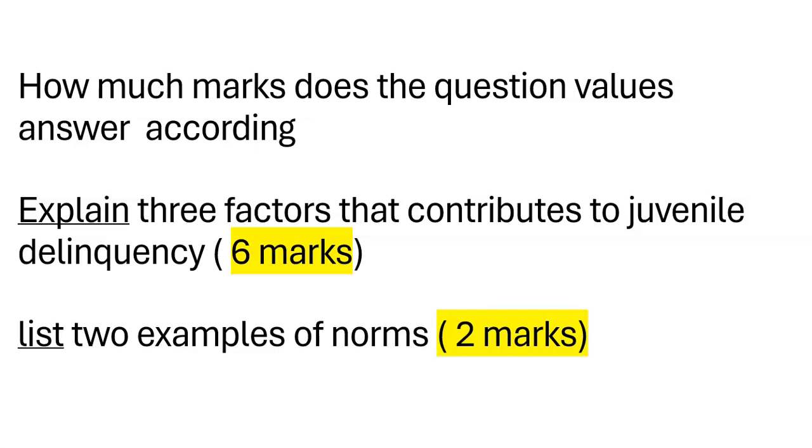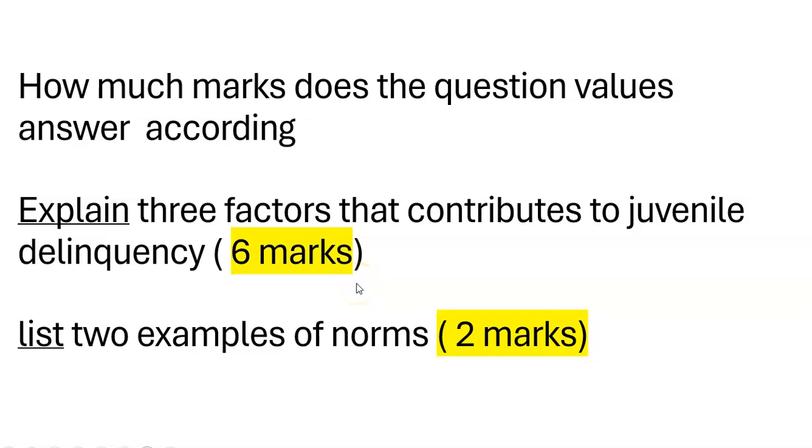And usually most questions will just ask you for 3 factors or 3 actions. It won't go to 4. I've never seen it go to 4. It's usually 3 factors, 3 solutions, 3 actions, etc. It usually carries a value of 6 marks.